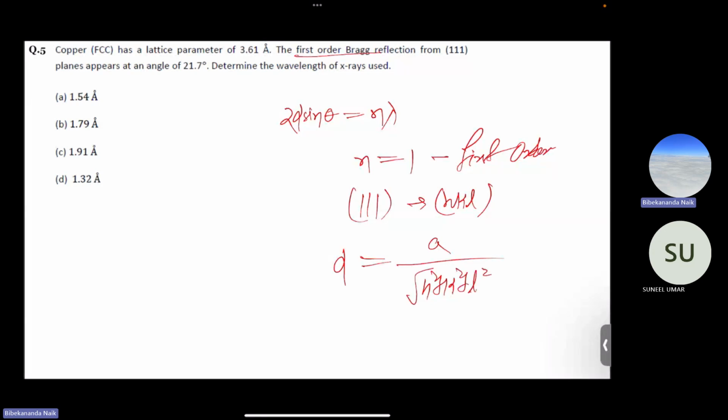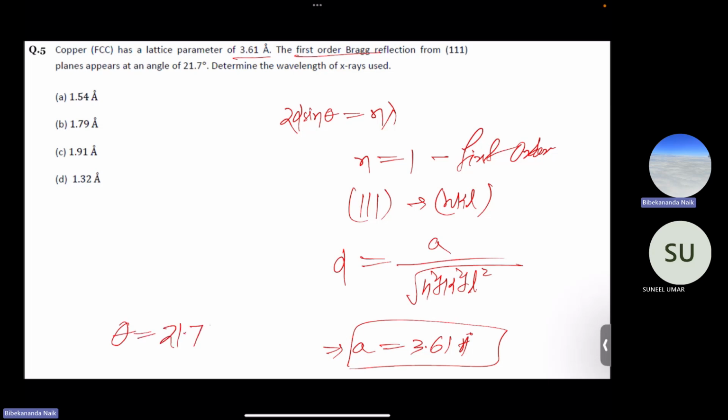And a is also given, the lattice parameter is 3.61, so a is 3.61 angstrom. And the value of theta is given, 21.7 degrees. So we know all the values, only the wavelength of X-ray is to be calculated. If we put all the values, we will get the answer. So please calculate and tell me what will be the correct answer.